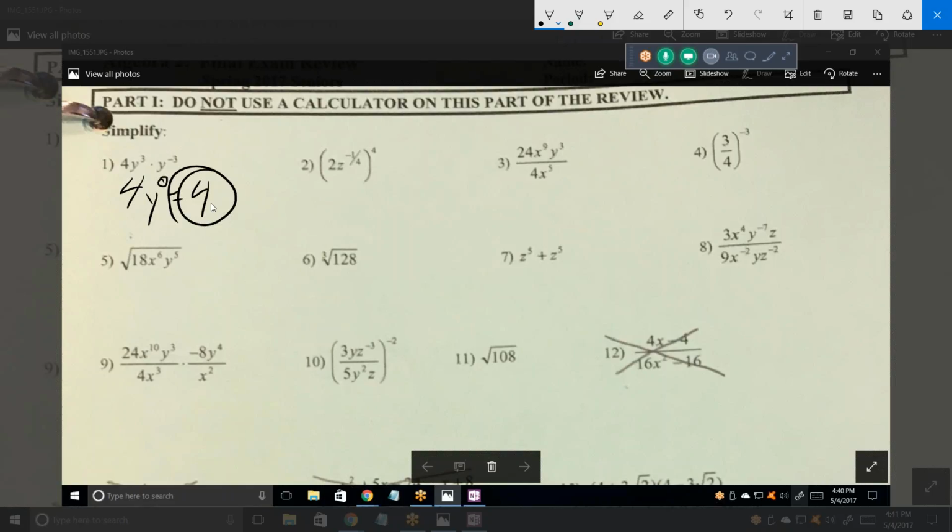Okay? Number 2. I've got a couple things going on. The first thing you have to realize with number 2 is that the 4th power operates on the 2 and the z because they are both in the parentheses. In other words, whatever is in the parentheses is what that exponent operates on. So my answer is going to be 2 to the 4th for starters.